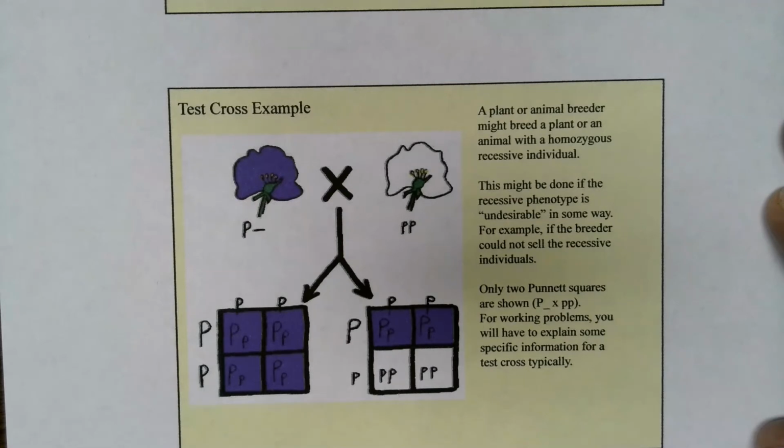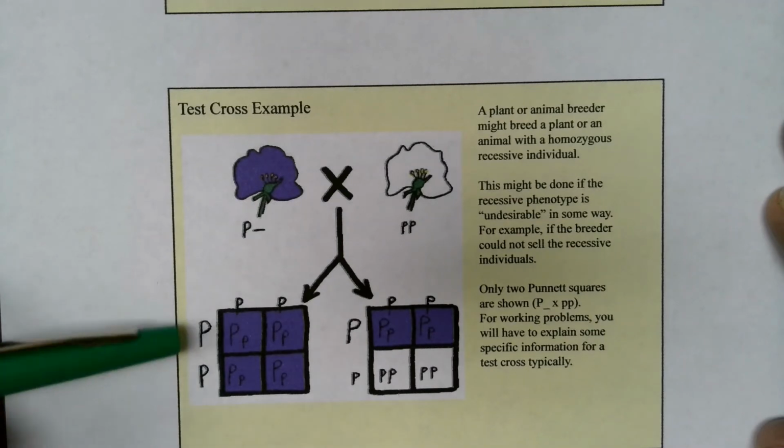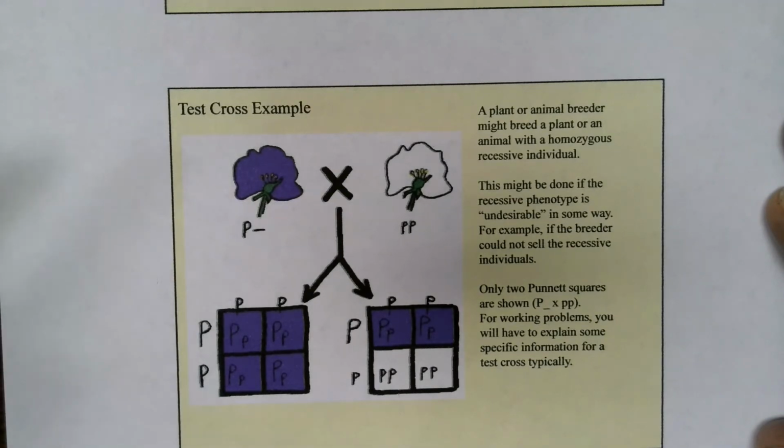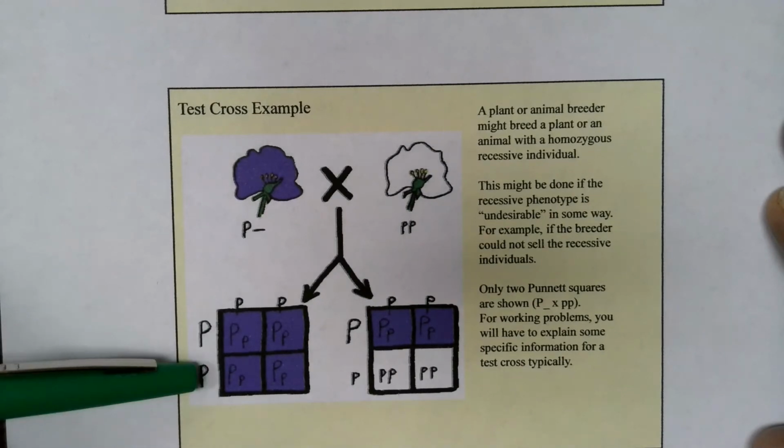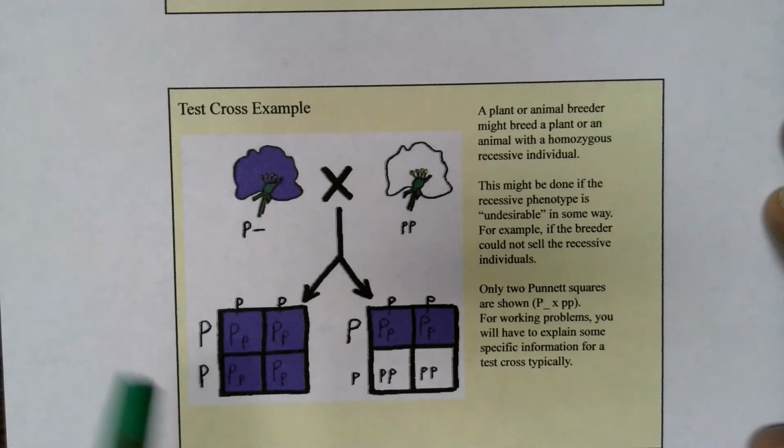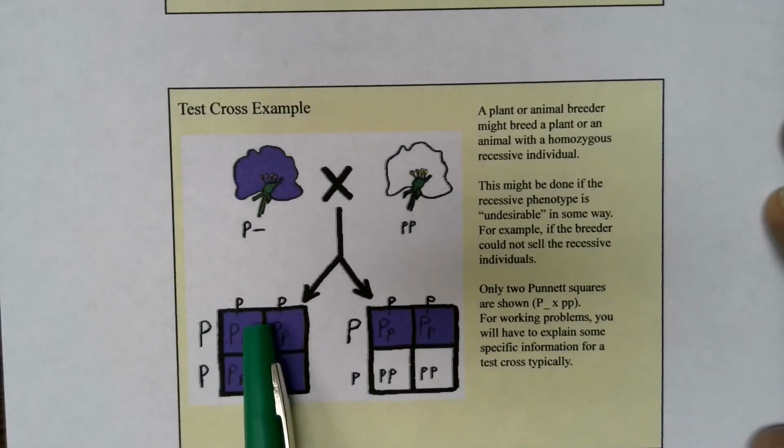So this is pretty simple. Every single time you do a test cross, you're going to do 2 Punnett squares. And P is not a great letter, okay? But we've got our Punnett square over here where the parent plant that's purple is homozygous dominant crossed with this known homozygous recessive white plant.